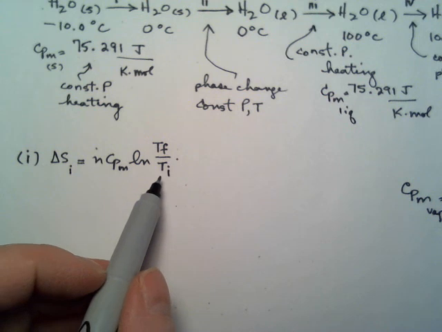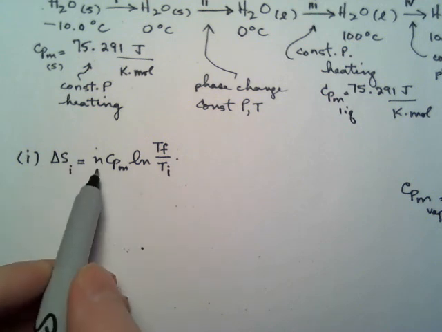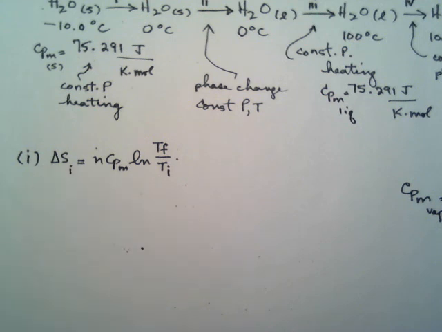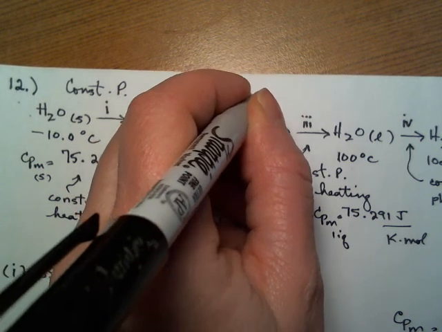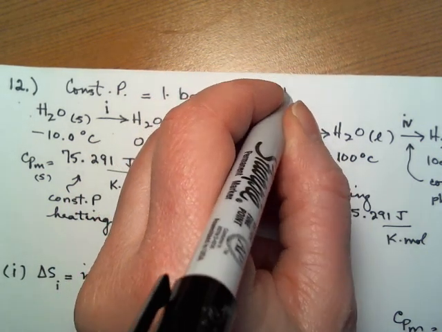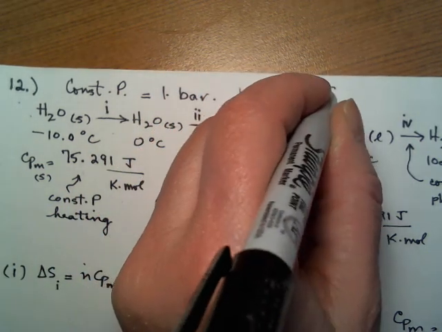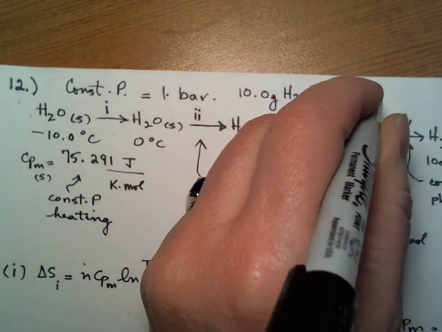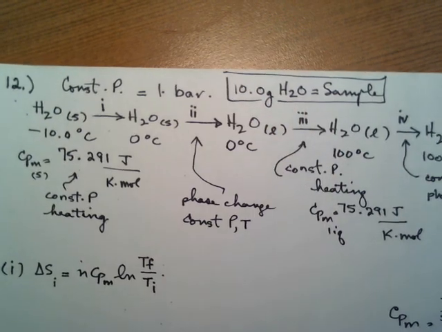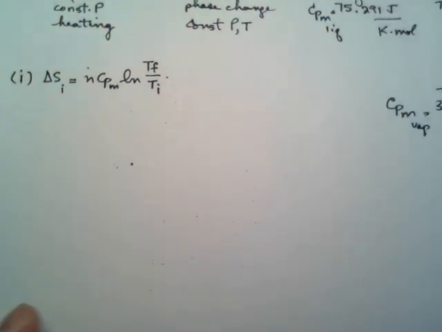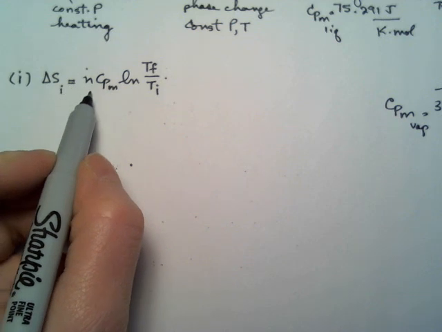I'm not going to go through with the numbers on this one because the number of moles, well, I think we're given a number of grams. Yeah, 10 grams. So why don't I scoot back here for a second and put this in: 10 grams of H2O equals my sample. So determine the molar mass of that, and therefore you have the number of moles.